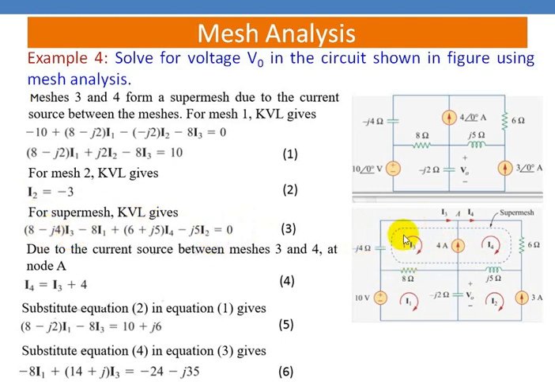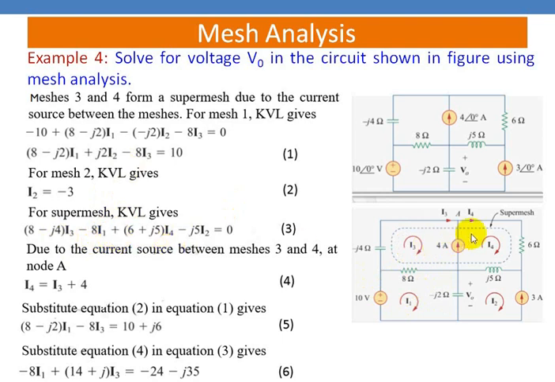Then again for this mesh, you see what are the common elements. So here 8 is common between this third mesh and first mesh. Therefore, you have to write here 8 into I1. But you have to write the minus sign because these two currents are in the opposite direction. So minus 8 I1 you have to write here.